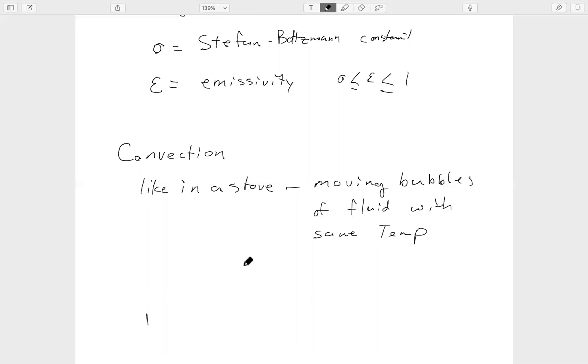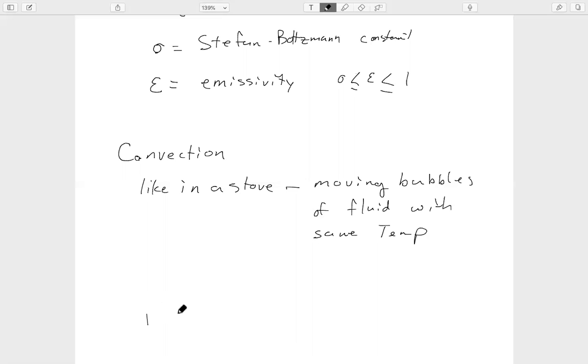You'd have a bubble of hot air or something, and it would move together. It doesn't have to be a physical bubble, just a little region, a hot pocket in the fluid.